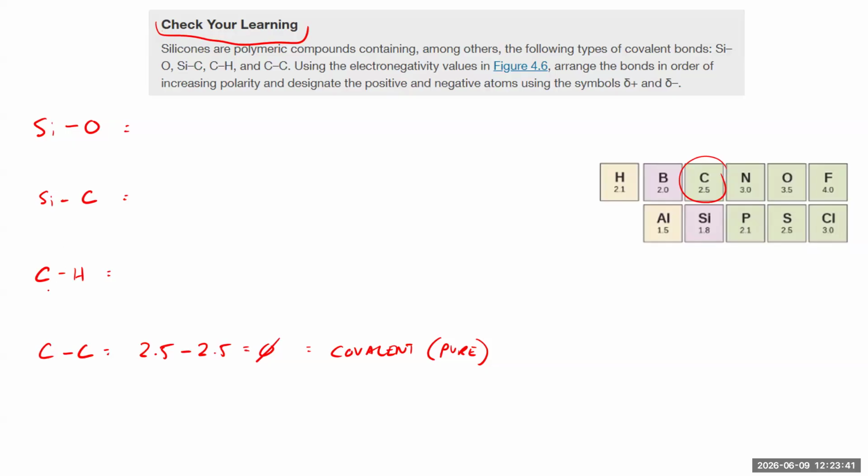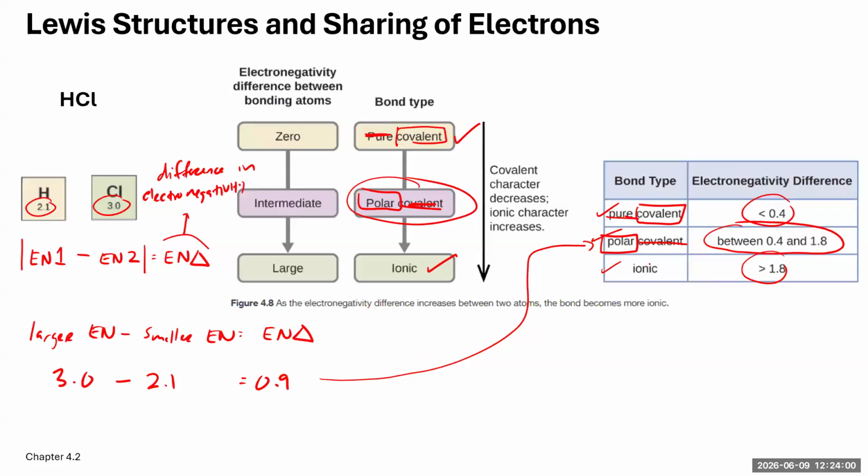All right, let's do another one. Let's do carbon and hydrogen. Carbon and hydrogen is 2.5 minus 2.1. That's going to be 0.4. So that's right on the cusp, right between covalent and polar.